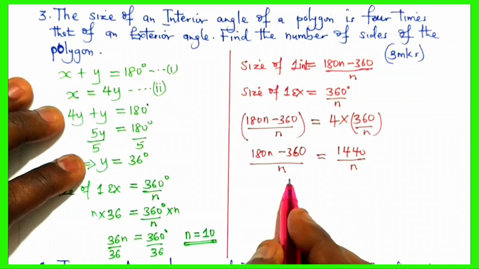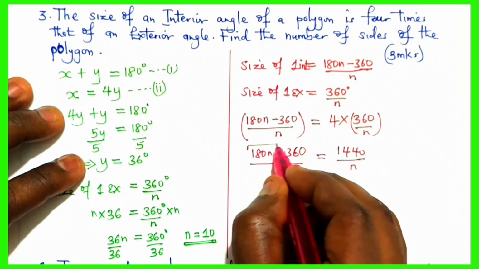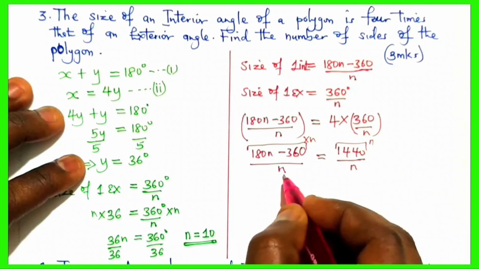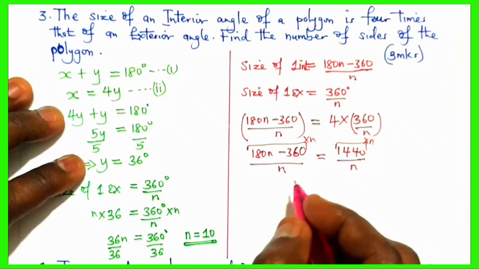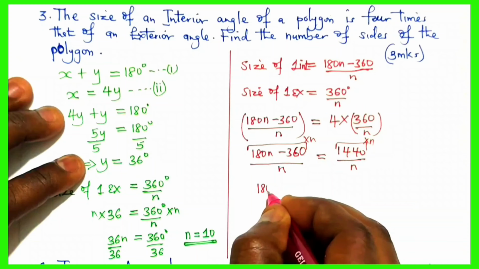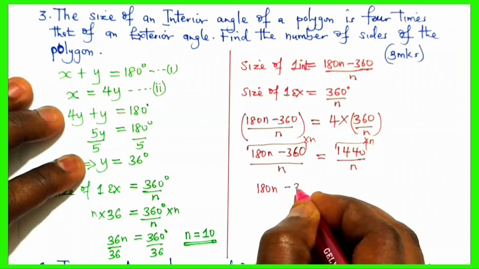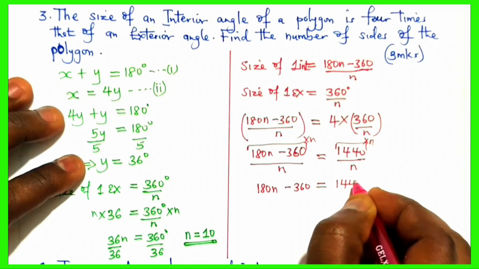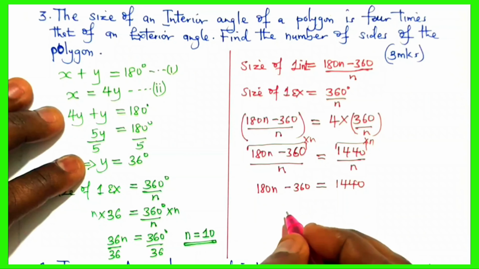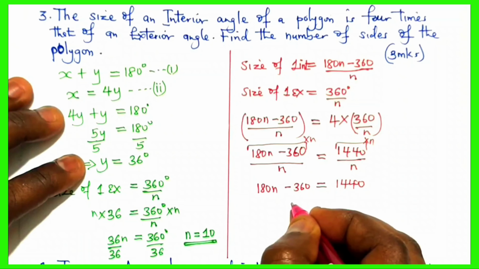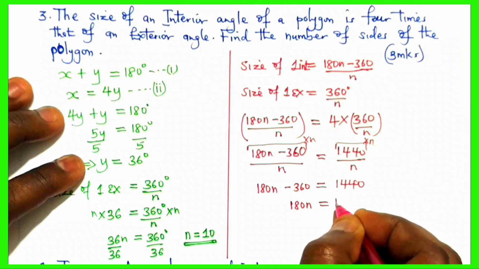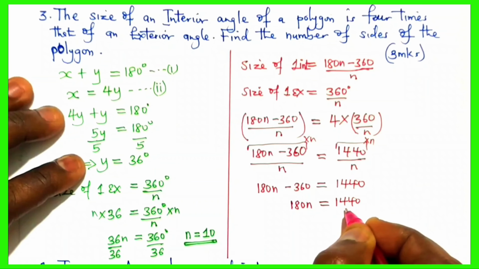And then we get rid of the denominator n by multiplying each term by n. So they're going to cancel out. So you remain with 180n minus 360 degrees to be equal to 1440.